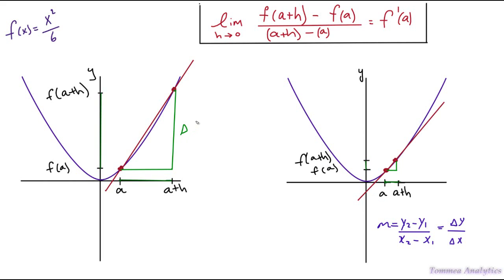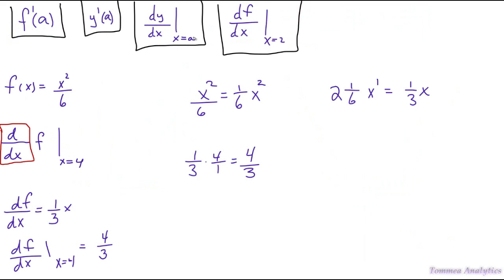Here we have the change in y and the change in x. As we shrink these changes down infinitesimally small, the notation becomes dy dx. And that's consistent with the notation we have over here, dy dx.